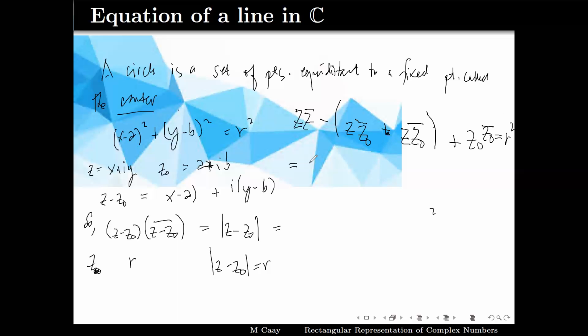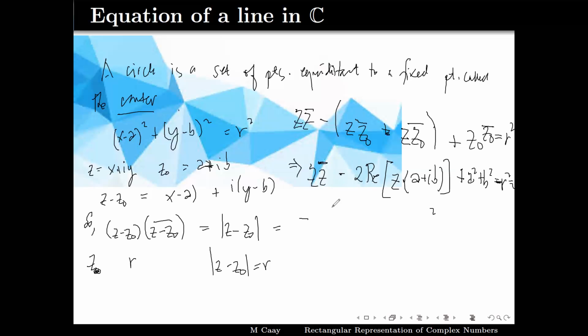Basically, I can write this as z z bar minus the conjugate of z sub 0 times z, where z sub 0 is originally a plus ib, plus a squared plus b squared minus r squared equals 0.